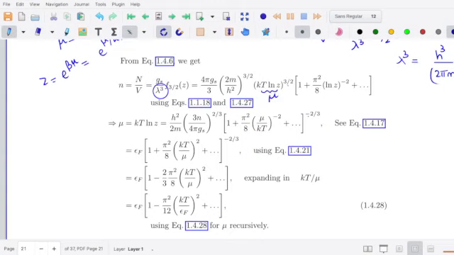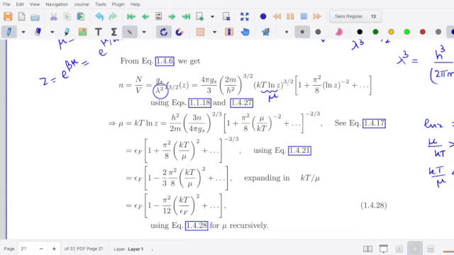Now remember, this factor log z is very, very large. Therefore, mu by kT is very large in this case, or in other words, kT by mu is very small. Now I have here (mu by kT) to the power minus 2, which can be written as (kT by mu) squared.